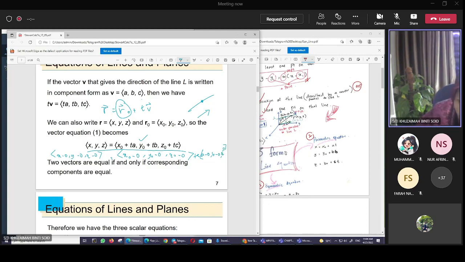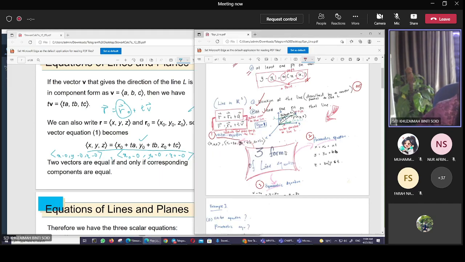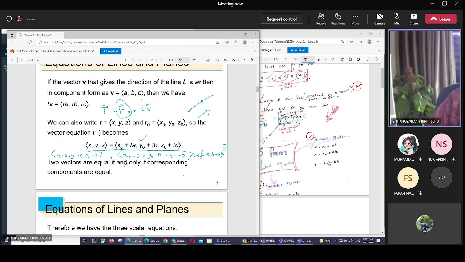Why do I subtract 0? Because of this vector, let's say OP naught, so P naught minus 0. This is terminal minus initial. That is what I am trying to say. But now basically you can just write it as such.